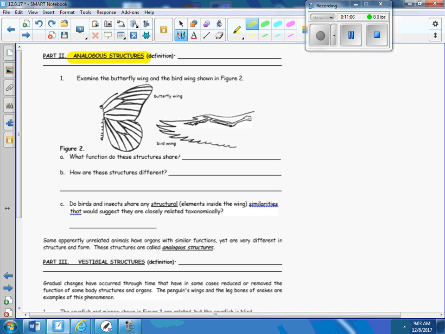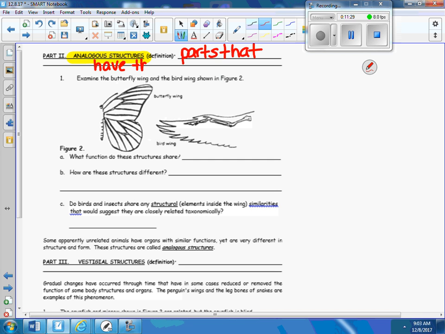Good. So this is actually the opposite. Do we see the A in the beginning? The prefix? That means against or opposite. Notice how words are written for a meaning. So these body parts have the same function, but they have a different structure.